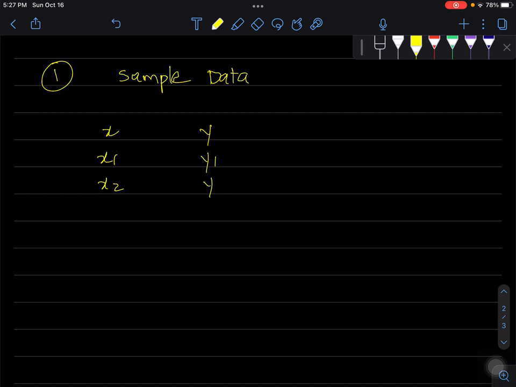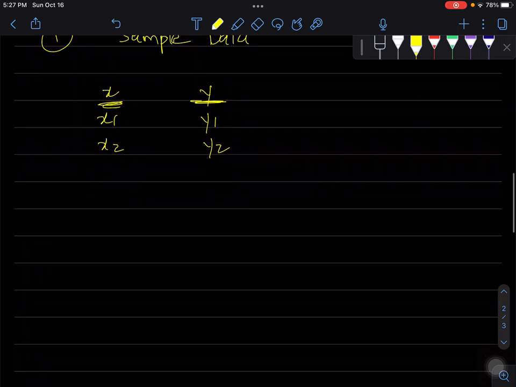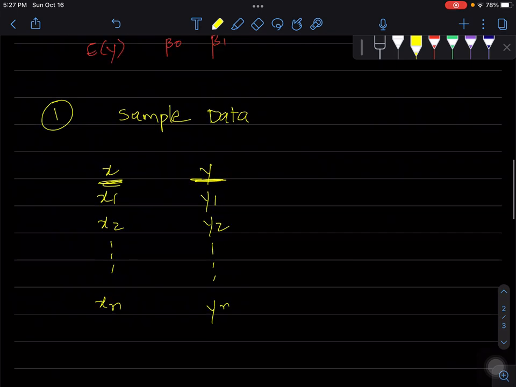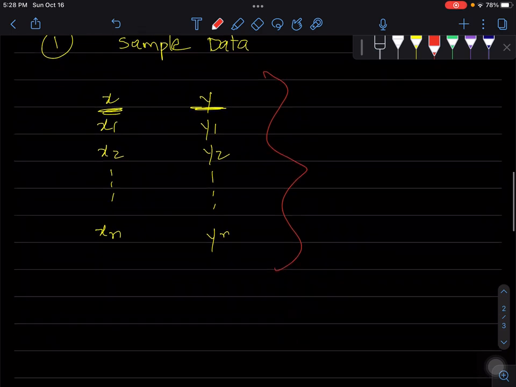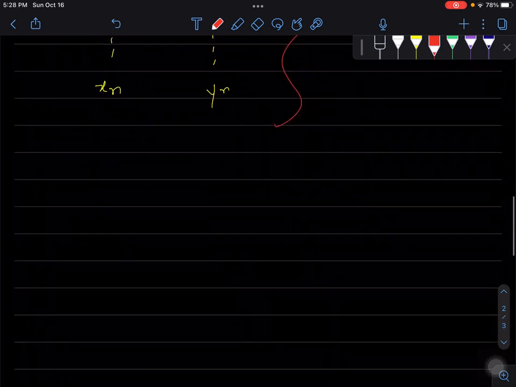So x could represent the population of a city, and y could be the sales for that city, considering that there is one restaurant in one city. This can go on, so we have a collection of x and y data which we can use to train our model.